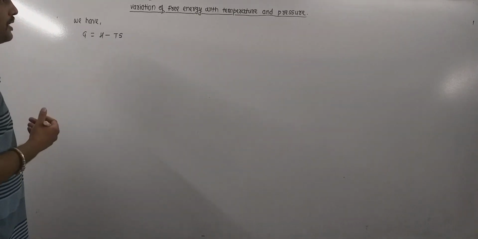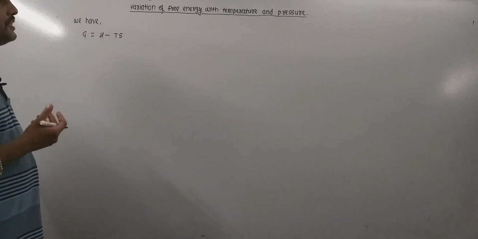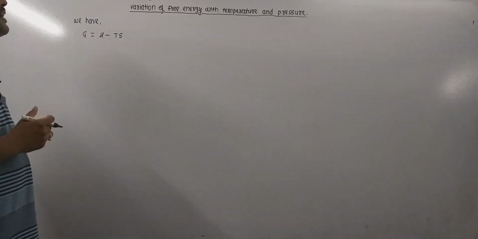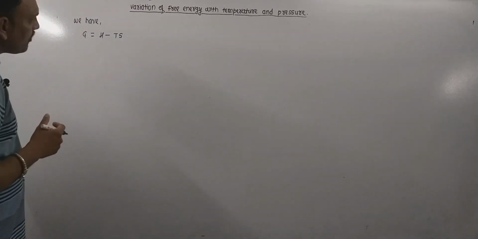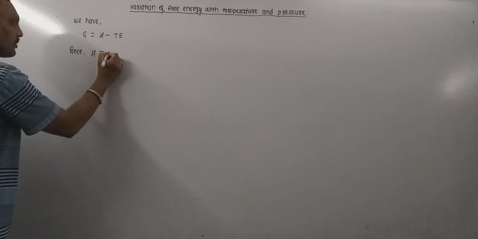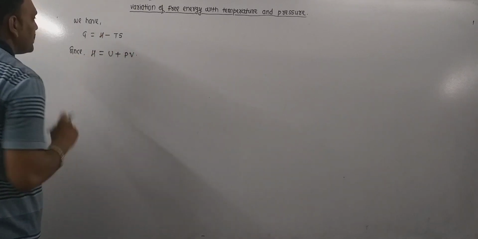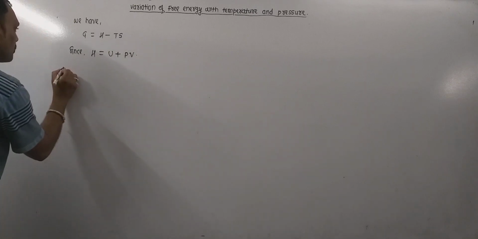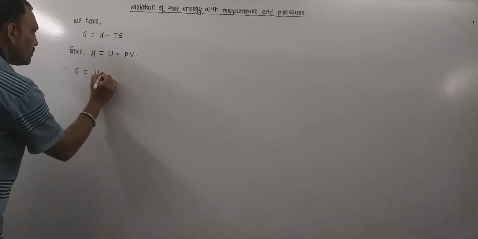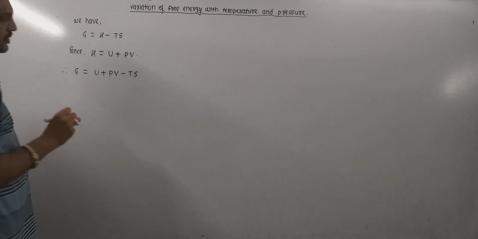Now we know very well that enthalpy of the system is nothing but the sum of internal energy and pressure-volume product. So since H is equal to U plus PV, this equation becomes G is equal to U plus PV minus TS.